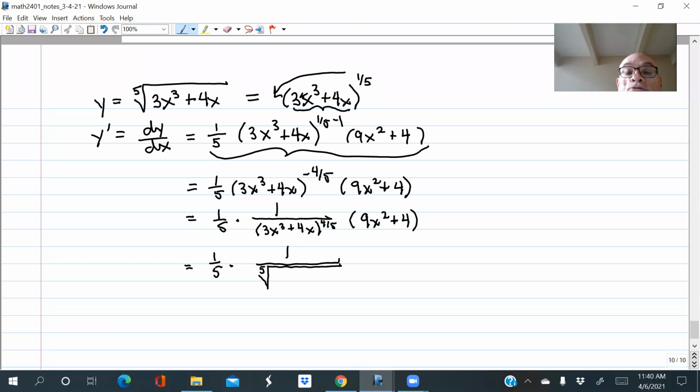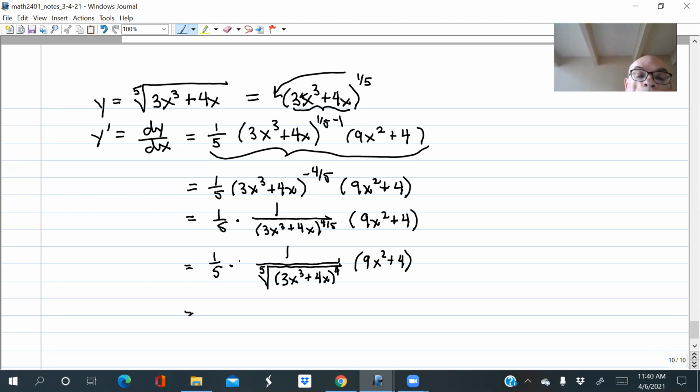And then you keep the 3x cubed plus 4x raised to the 4th power. So the 4 in the numerator of that fraction is going to stay as an exponent. So you get an ugly looking thing here, 1 over the 5th root of 3x cubed plus 4x to the 4th power. And then again, times, don't forget, hanging around here is the 9x squared plus 4.